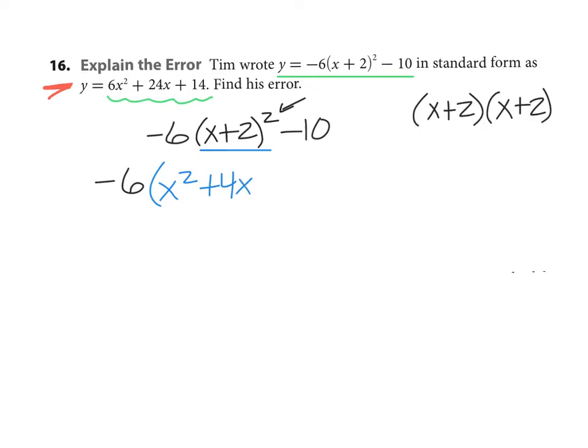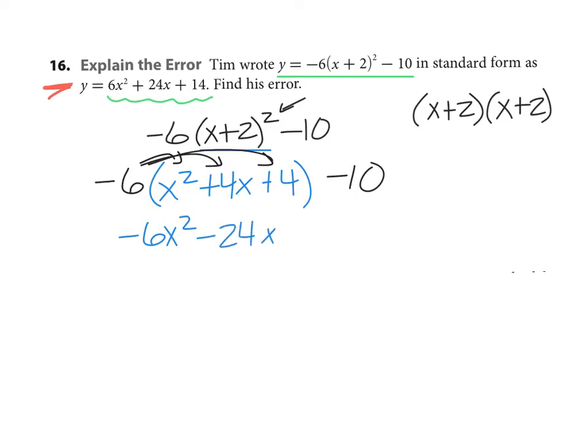And then you take the second term, which is positive 2, and you square it. Positive 2 squared is 4. And then you have minus 10. Now you do your distributive property. Sorry about that flash up on the screen. Negative 6x squared minus 24x minus 24 minus 10.